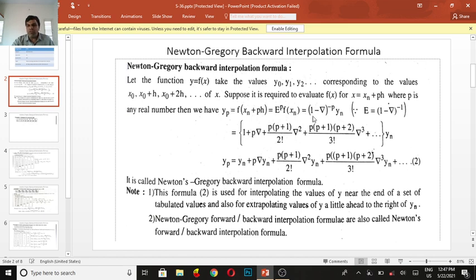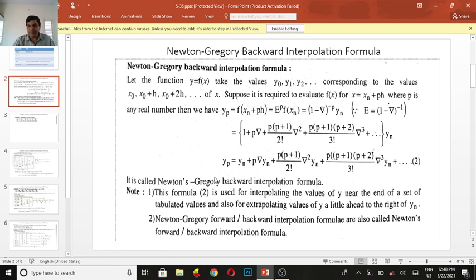Completing this by the binomial expansion, 1 minus backward delta whole raised to minus p is 1 plus p delta plus p into p plus 1 by 2 factorial delta square plus p into p plus 1 into p plus 2 divided by 3 factorial delta cube plus etc., of yn. Opening this bracket, we get yn plus p delta yn plus p into p plus 1 by 2 factorial delta square yn plus p into p plus 1 into p plus 2 divided by 3 factorial delta cube yn plus etc. Call this equation C. This is called the Newton-Gregory backward interpolation formula.